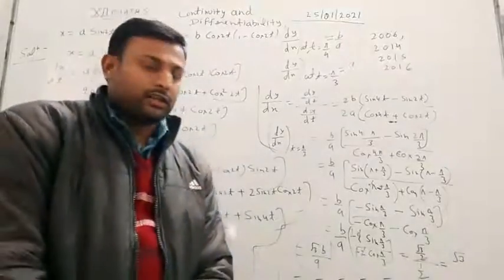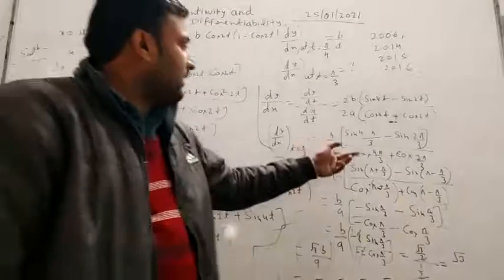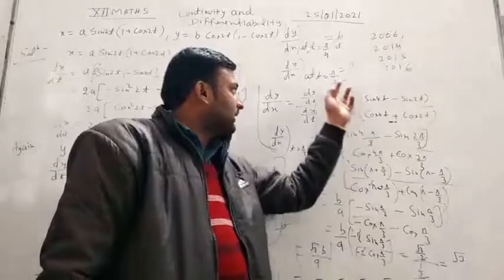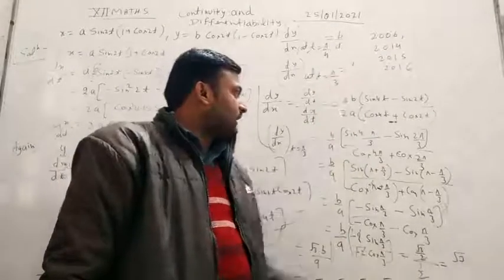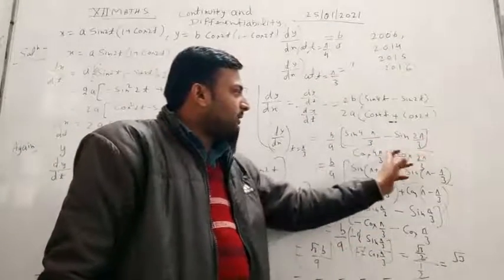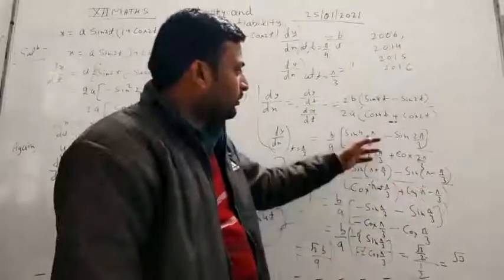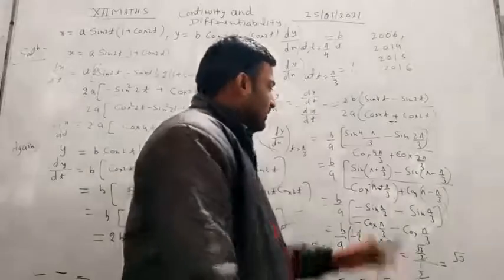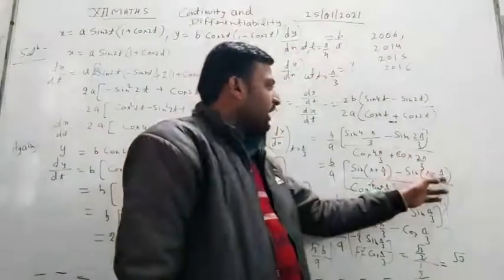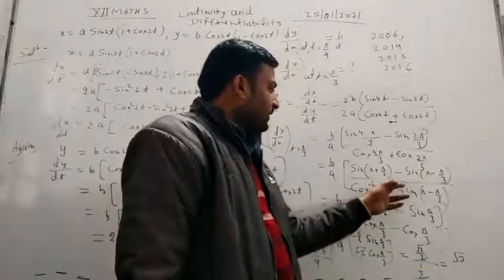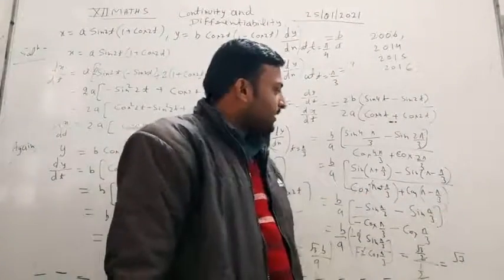I hope you understand this second part, in which we have just changed the limit, which is t is pi by 3, and now this 4 pi by 3 we can write pi plus pi by 3, and 2 pi by 3 as pi minus pi by 3.